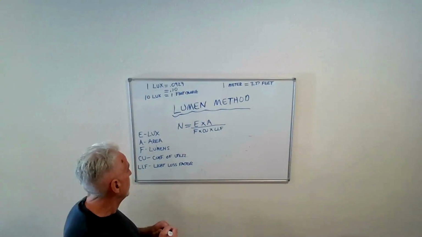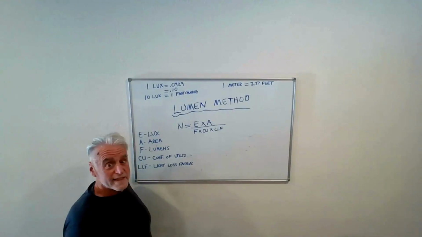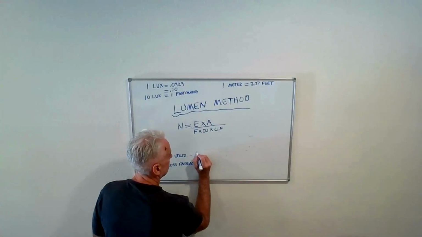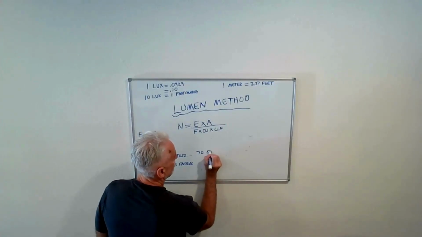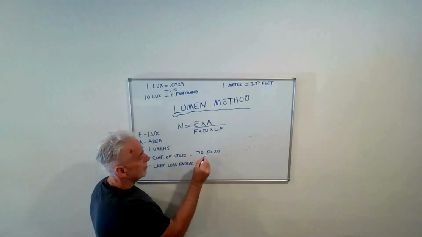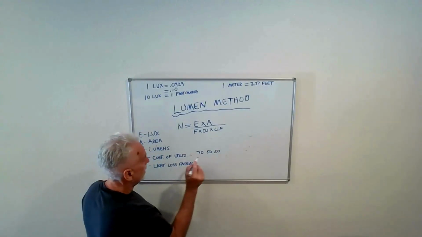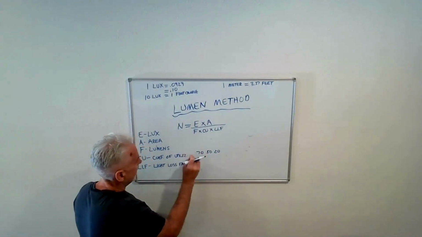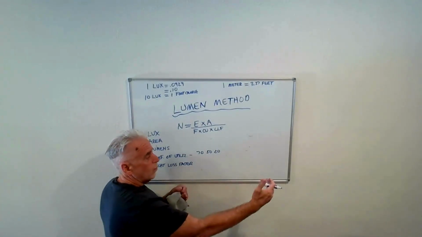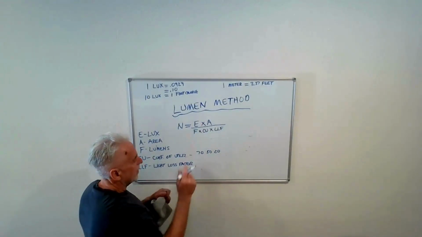Some examples are for reflectances. You'll see this on the manufacturer's sheet. Let's say it's a 70, 50, 20. 70% reflectance on the ceiling, 50% reflectance on the walls, 20% reflectance on the floors. And it's going to be a percentage of how much of that light is going to go forward of everything that we put in.